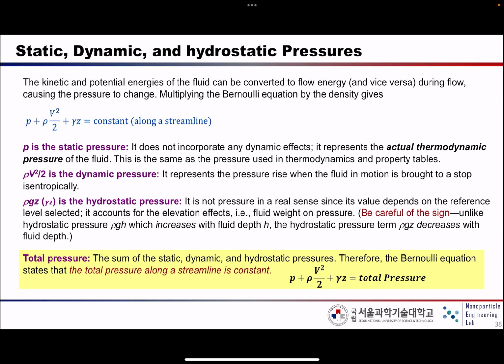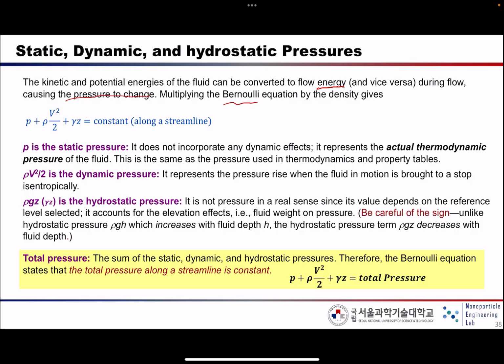Okay, so let's start today's lecture. This is a brief review. Let's talk about static, dynamic, and hydrostatic pressure. The kinetic and potential energy of the fluid can be converted to flow energy and vice versa during flow, causing the pressure to change.